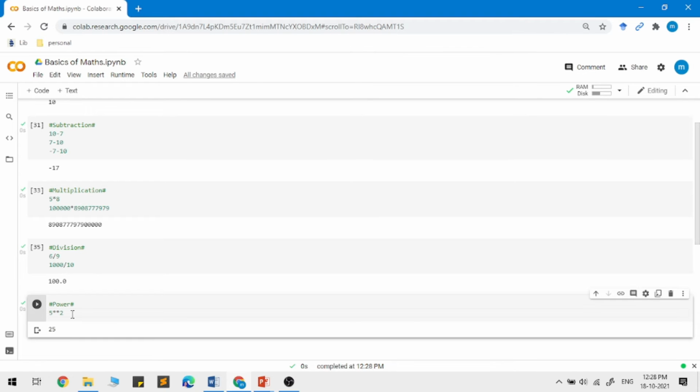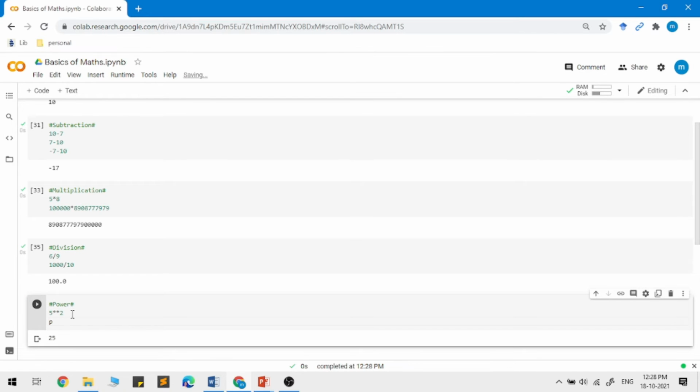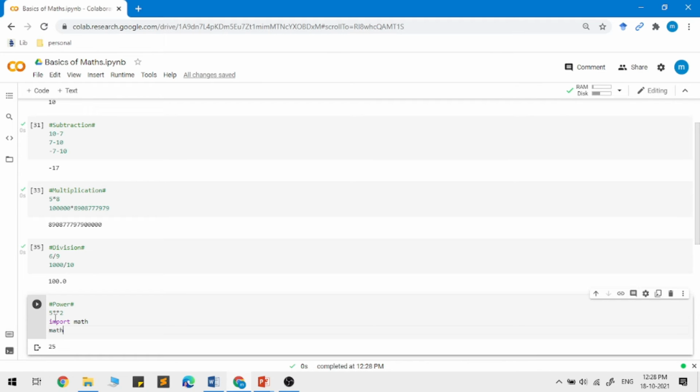Or else you can do this with the math module. I am going to call it with import math. Then math dot pow of two numbers. The first number is 5 and the second number is 2, because I'm going to find 5 power 2.